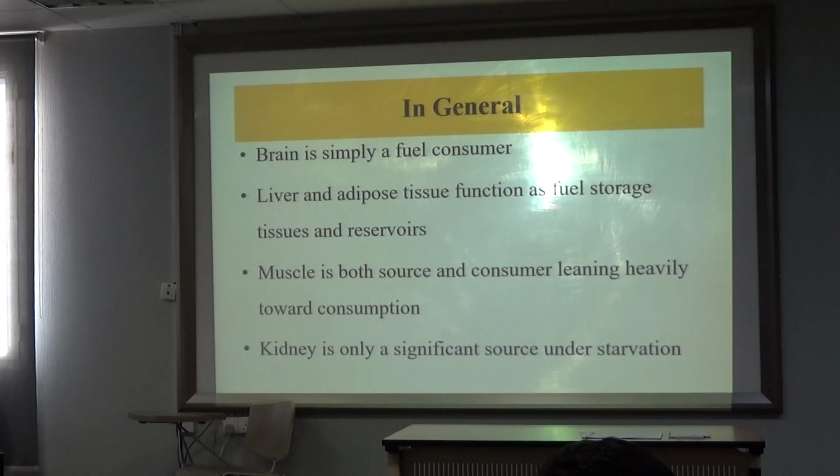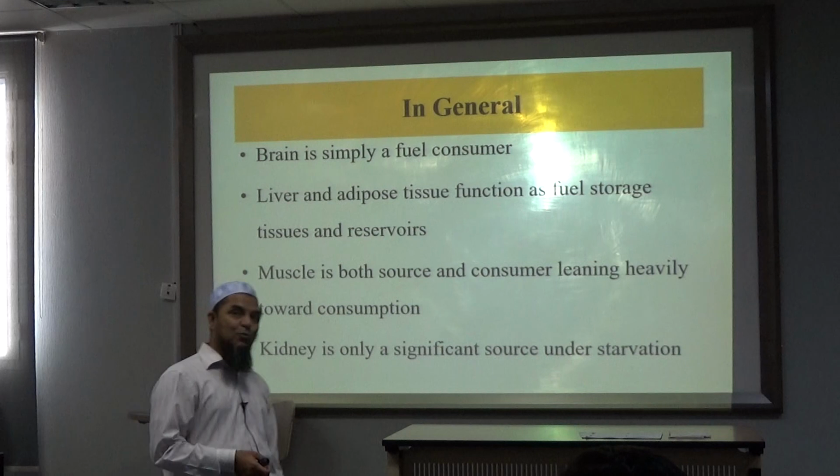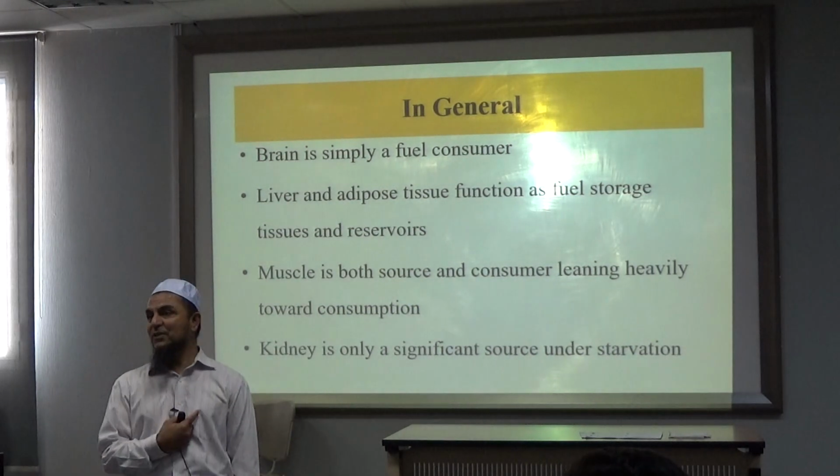Liver and adipose tissue behave both ways, as fuel storage and tissue reservoirs. Muscle both generates and utilizes. And the kidney is the faithful friend, a friend in need. When you need something and you want a friend to help you, that is the kidney.